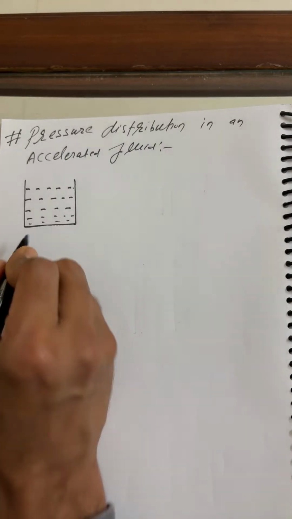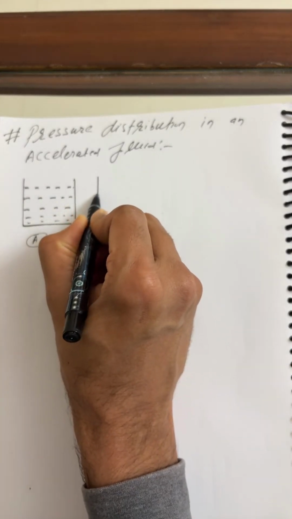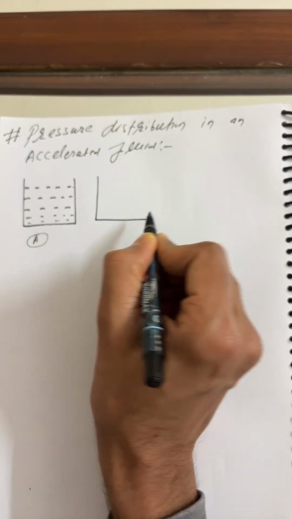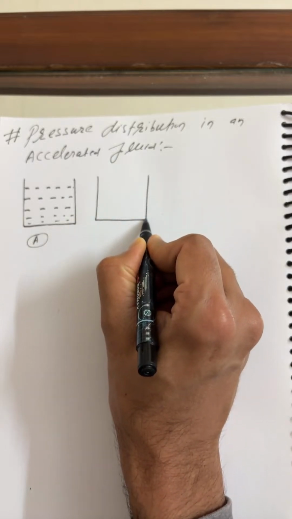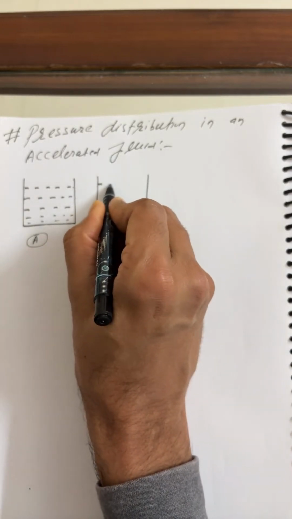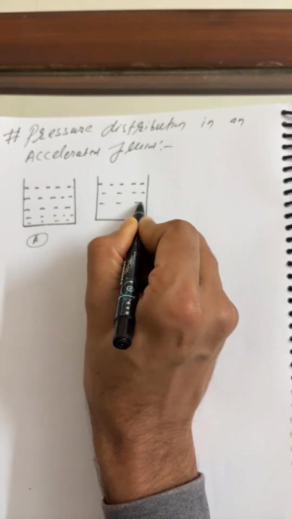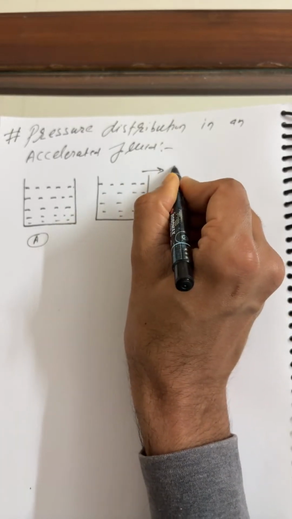Now students, you can take case B, same diagram. Now I'm going to drag this container in the horizontal direction with acceleration a. This is the condition.